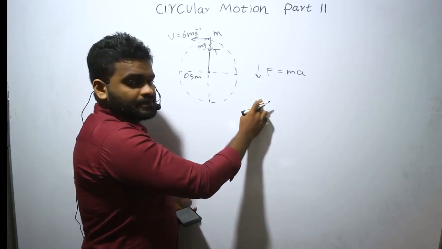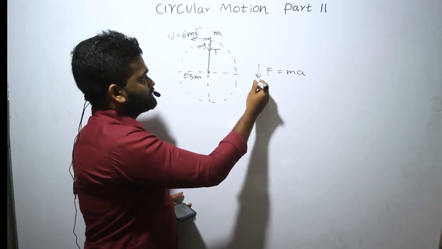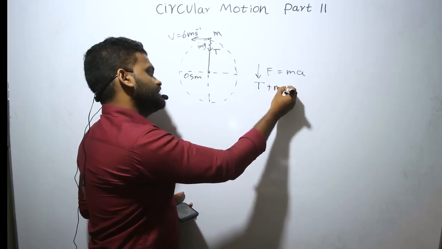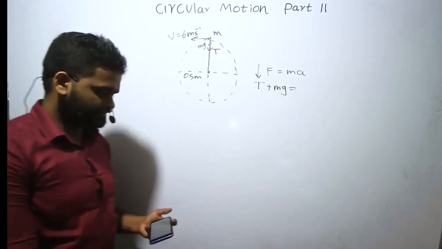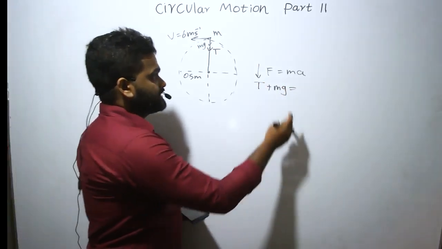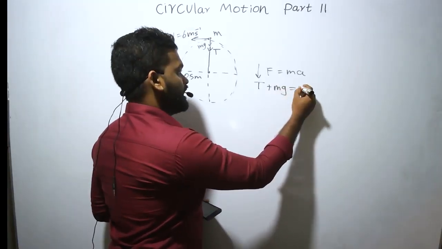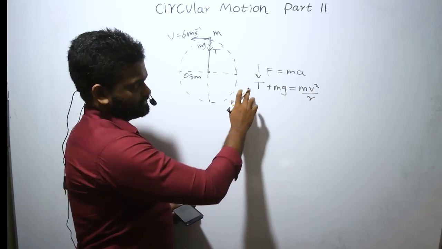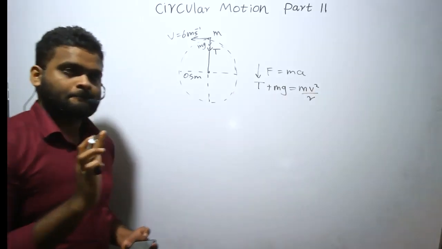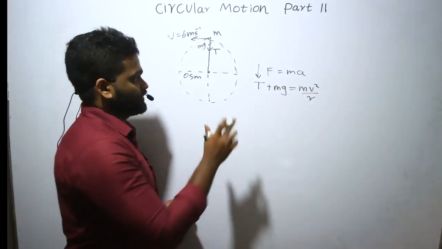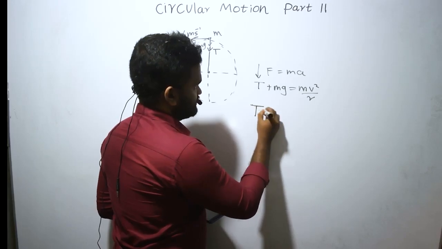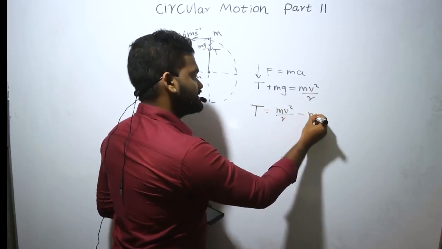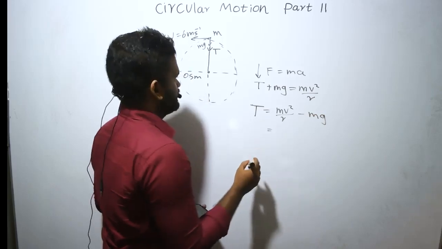Downwards, what is the unbalanced force? T downwards and mg, T plus mg. Since they have given a v, I'm using mv squared over r. So this is based on symbols. What they ask is tension, so the tension should be mv squared over r minus mg.